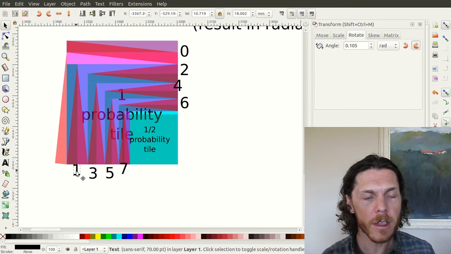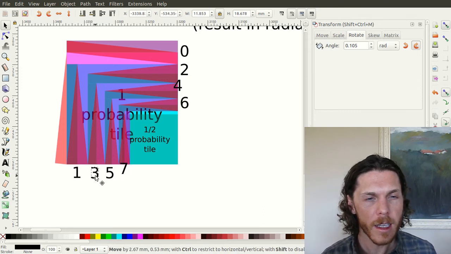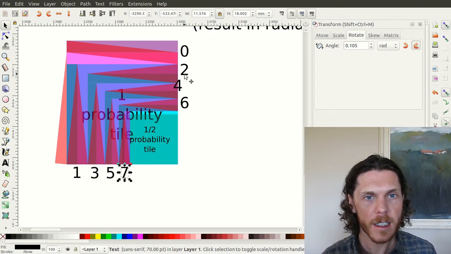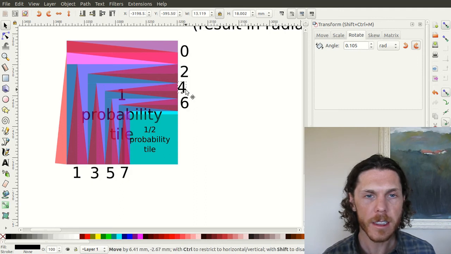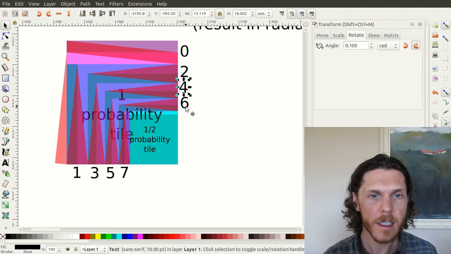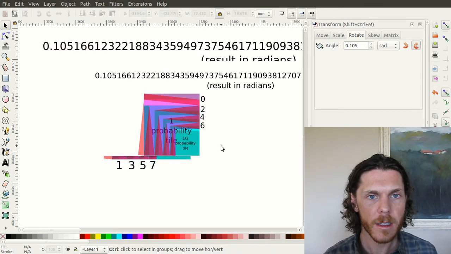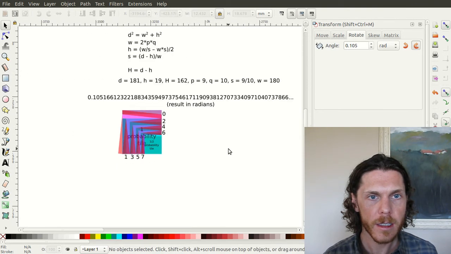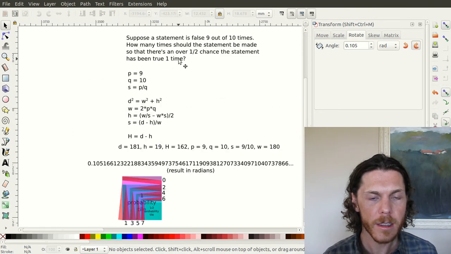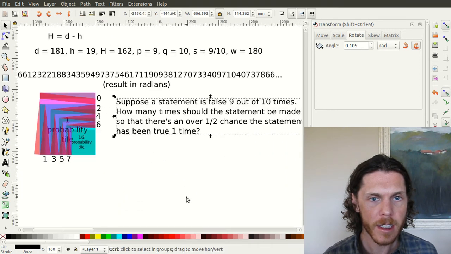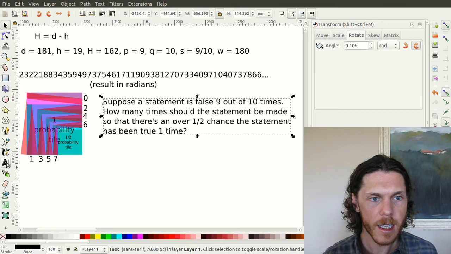So we've answered our question. The answer is it takes 7 exponents to get past 50%. Let's bring the question down here so we can see it. And let's add the answer.